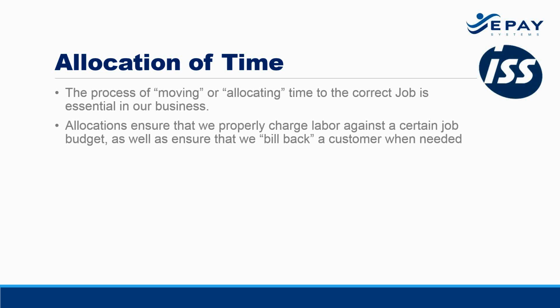If we're not allocating our time correctly, when our billing department goes in to see what needs to be billed back, and certain tasks are not allocated properly, we risk not billing back our time and labor for the job we performed. Obviously, then we lose money. So it's a critical part of our business that we do our allocations.